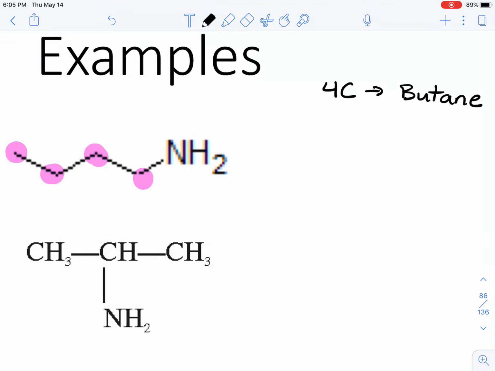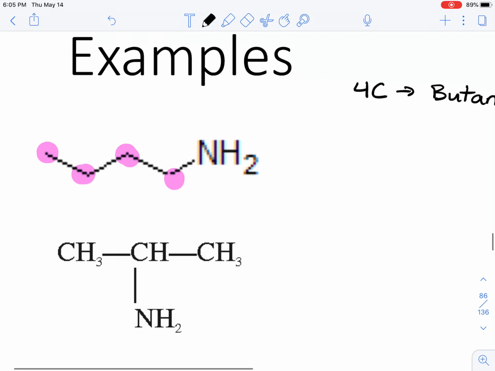And so we want to number our carbons so that the lowest possible carbon number is on the carbon with the amine.